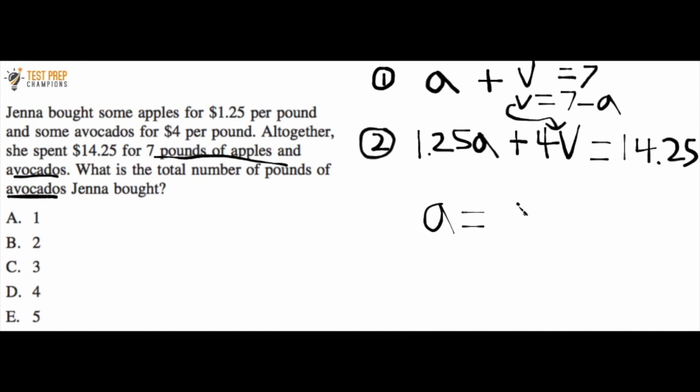I don't know what it would be off the top of my head because I didn't do the calculation, but A is going to equal some number. Let's say it's z. Then you would take that value, come back up here, substitute that number into the equation for A, and then solve it for V to get V.